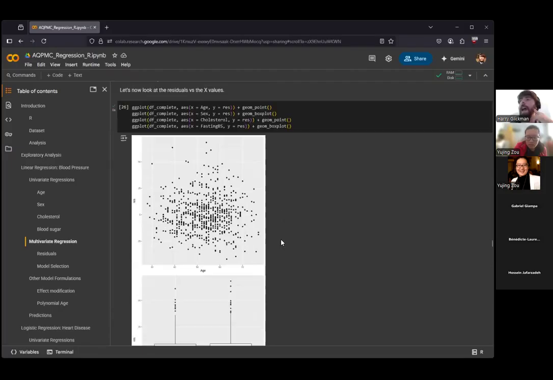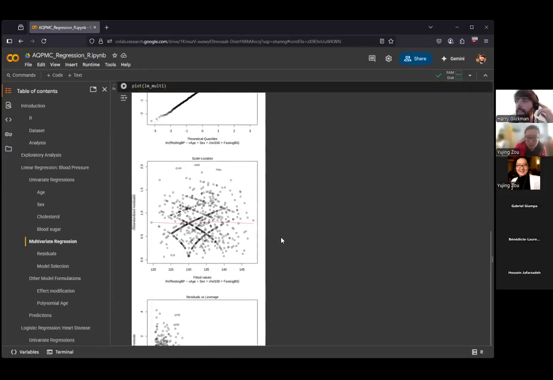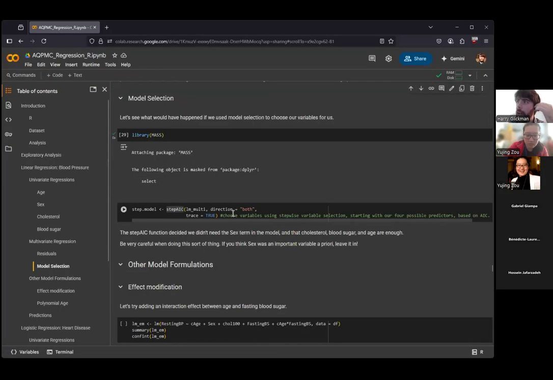AIC is an estimate of how good your model's fitting, essentially, based on likelihood. And the step function, and it'll be obvious when you see the trace, goes through all your variables and says if we dropped these variables or if we added new ones in, would our predictions improve or get worse? And so it generates automatically for you essentially the best possible combination of your variables for your question.